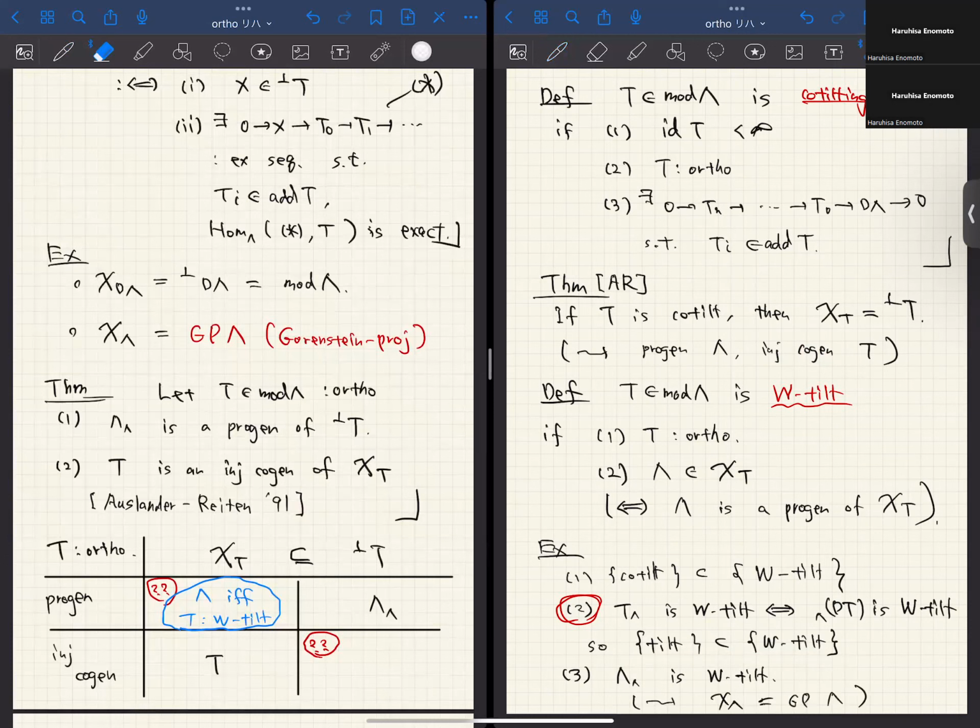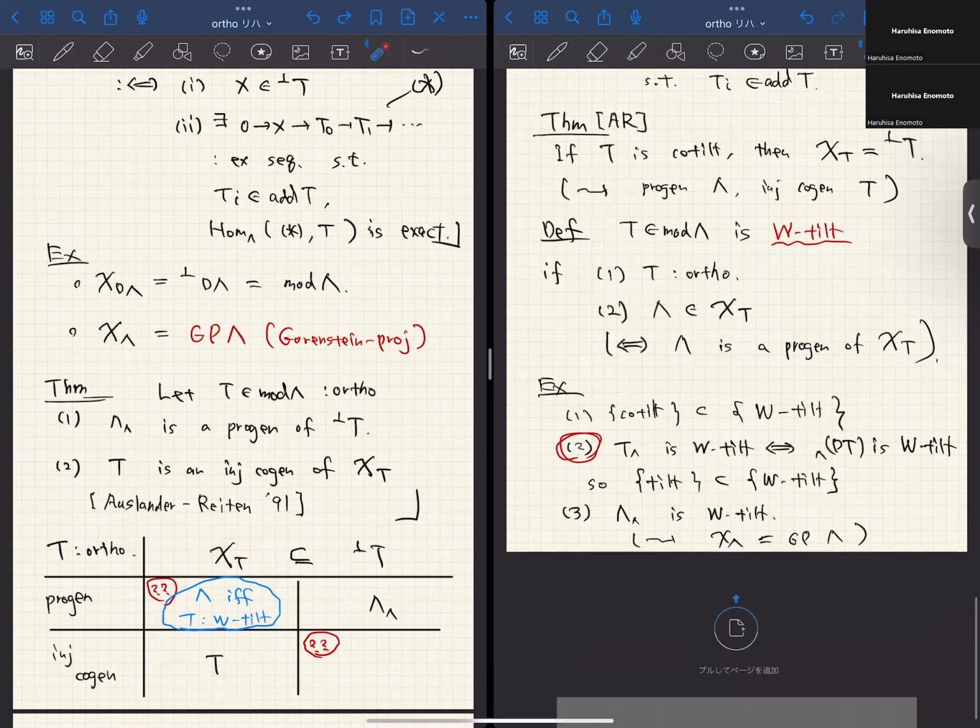So the motivation is that for given orthogonal modules, we want to construct a subcategory of mod lambda in which this orthogonal module behaves like an injective cogenerator.